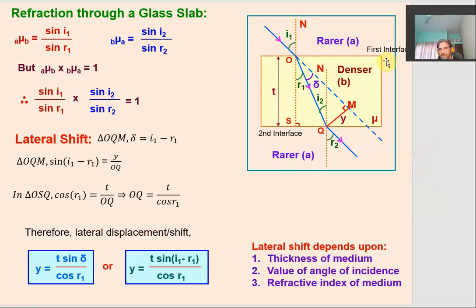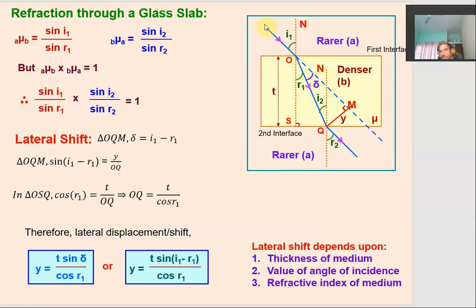This yellow colored region we are taking to be a glass slab, and the light is entering this glass slab at one face of it, for example at point O. Outside this glass slab, the medium is air, for example, which is a rarer medium compared to the glass slab, whose refractive index is higher.